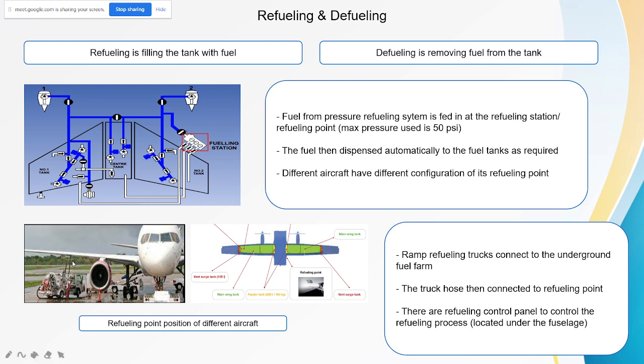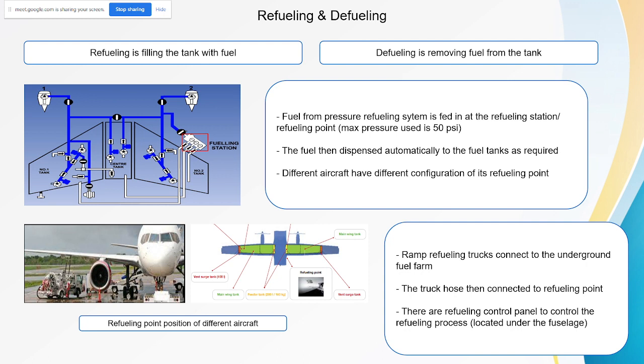So if the refueling point is here, the control panel will also be located here. Only the ATR will be slightly different. Later you will see the design of the ATR. The control panel is at the forward fuselage, and the refueling point is at the rear.